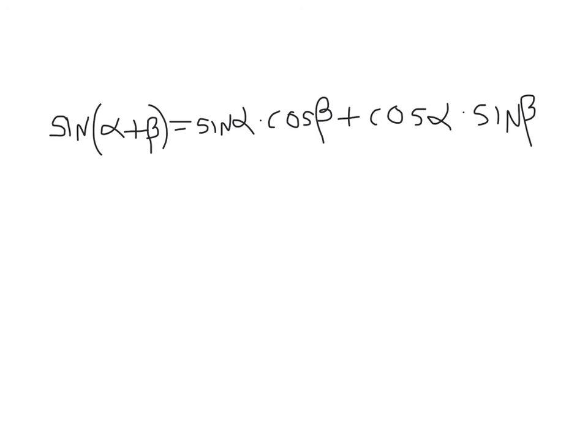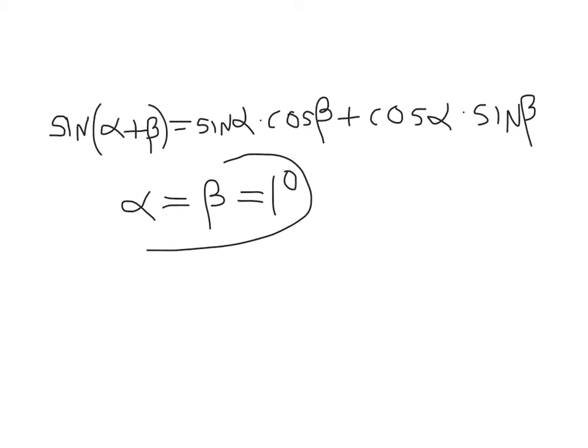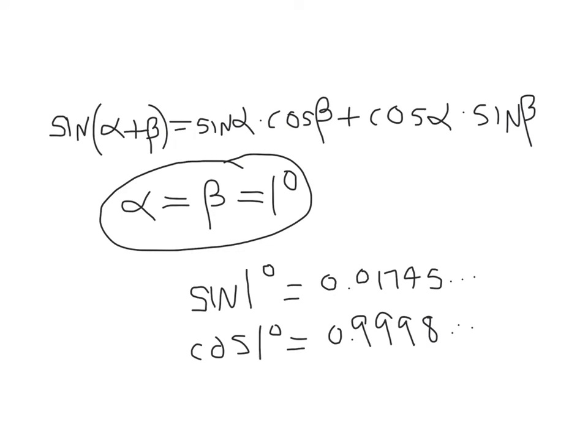Here's something I think is kind of neat about the addition formula. Let's take alpha equal to beta equal 1 degree. Now suppose that by some magic you knew that the sine of 1 degree was this number here, and the cosine of 1 degree was that number there.